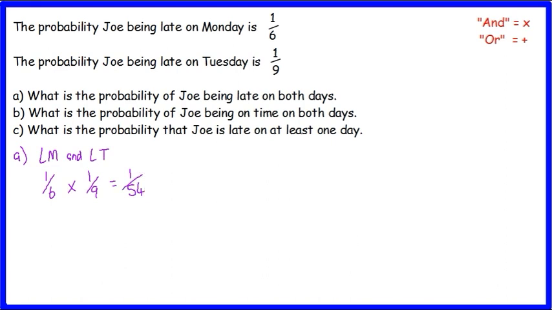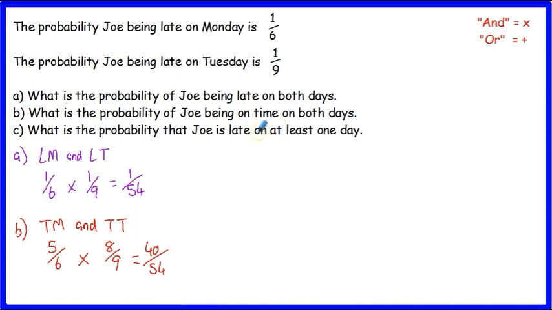So part B, on time both days. So on time on Monday and on time on Tuesday. On time on Monday is 5/6 and on time on Tuesday is 8/9. So remember, these have to add up to 1. So that is going to be 40/54.